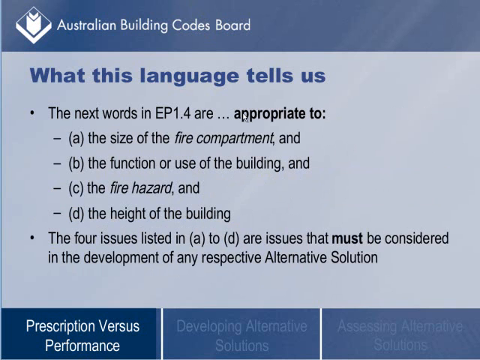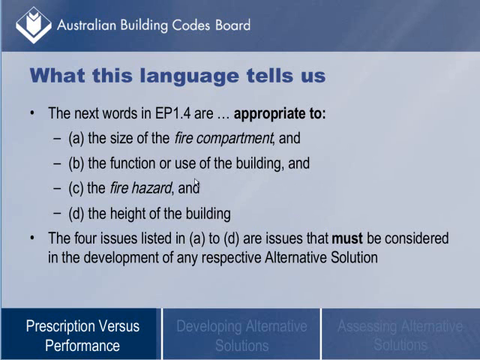What this language tells us, the next words in EP 1.4 are appropriate to the size of the fire compartment and the function or use of the building and the fire hazard and the height of the building. The four issues listed in A to D are issues that must be considered by the development of any respective alternative solution.